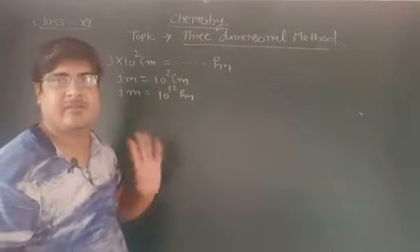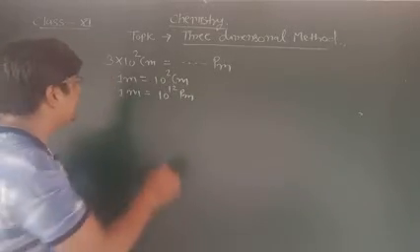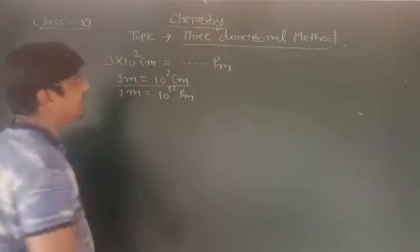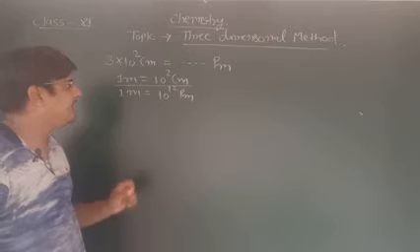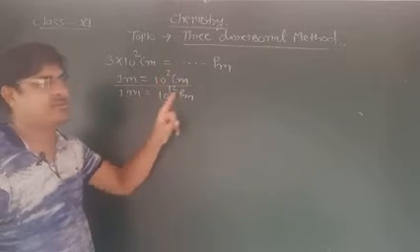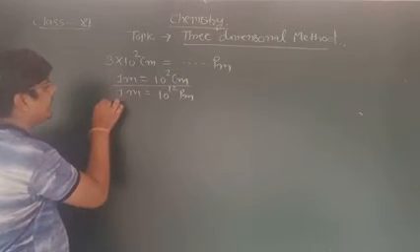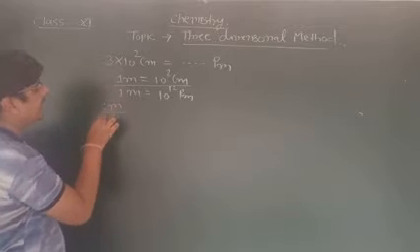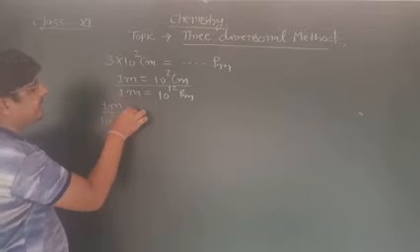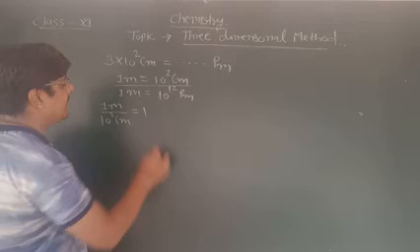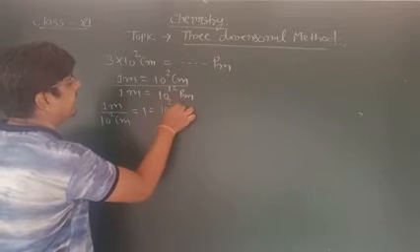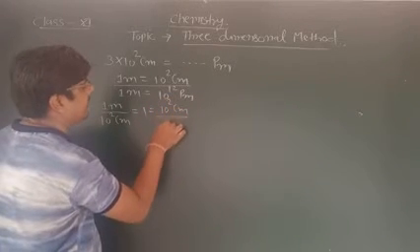So first convert the centimeter into meter by the three-dimensional method. How can you do this? See this carefully. 1 meter upon 10 to the power 2 centimeter is equal to 1, which is equal to 10 to the power 2 centimeter upon 1 meter.